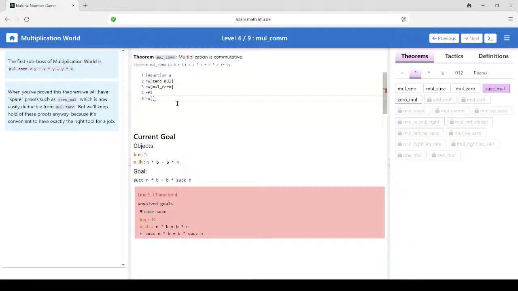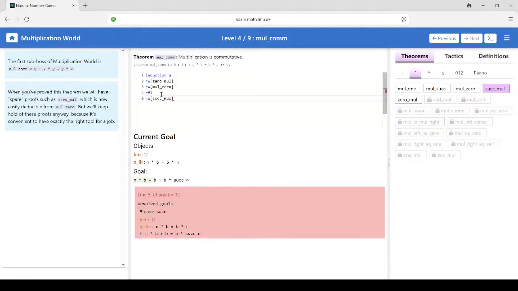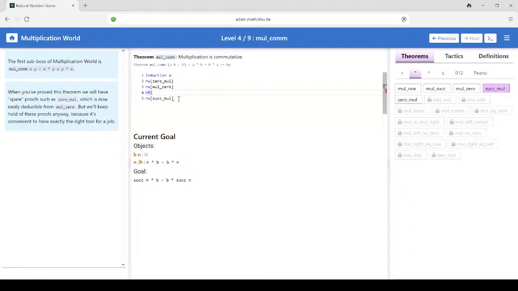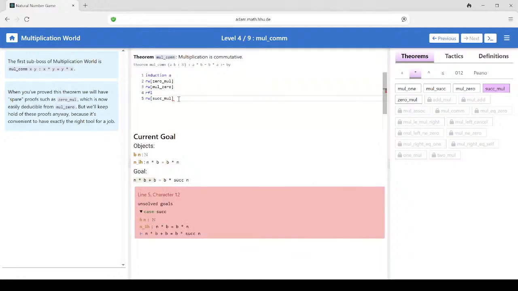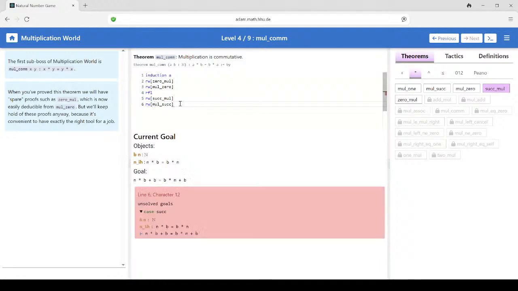Rewrite successor multiply. And then the second one will be multiply successor. Now we have n times b plus b and b times n plus b.